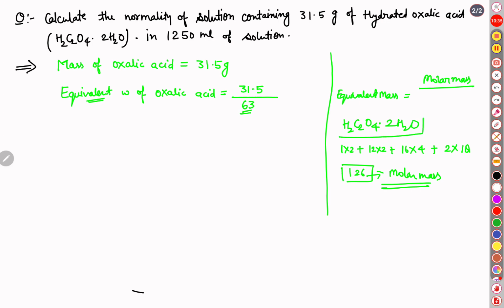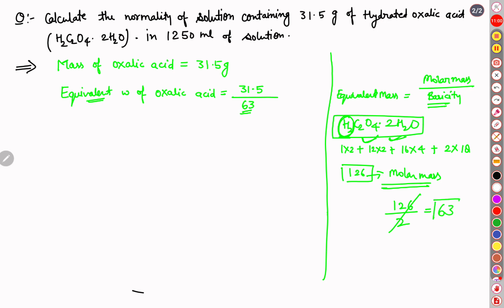This is oxalic acid, so an acid has basicity, and the basicity of H2C2O4, H2 means 2. We will put the value, then we get molar mass 126 by 2. 2 is the basicity of the oxalic acid, then we will get 63.